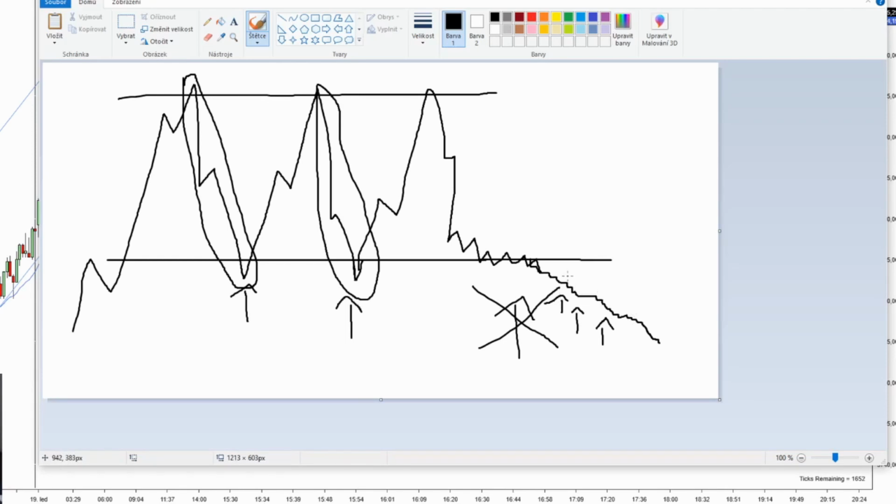And when I was a very beginner trader, 8 years ago, this is how I blew my account, because I kept going long. I wasn't paying attention to the downtrend that was happening, and I thought it's time to reverse. Typical beginner error.